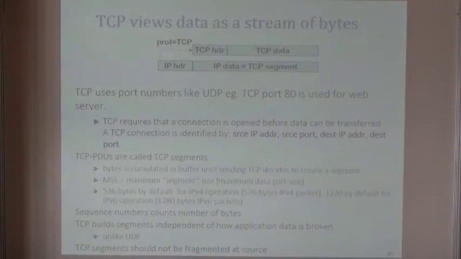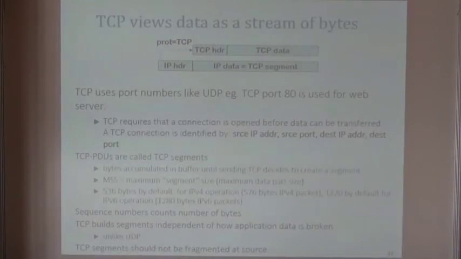By default for IPv6, the minimum size is 1220. So any TCP implementation that works on IPv6 should support that packet size, and it's smaller for IPv4 because in the past there were IPv4 networks that had small packet size.